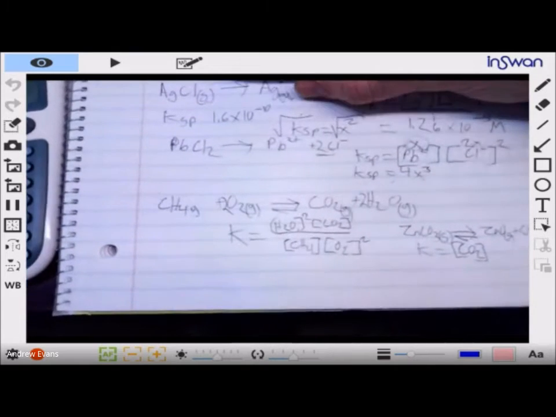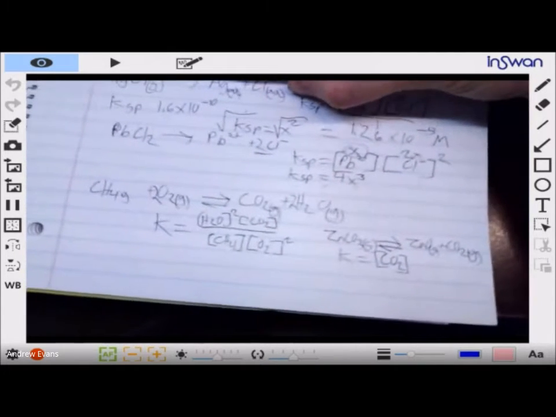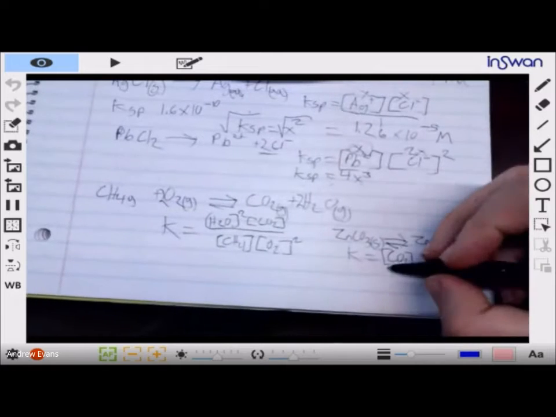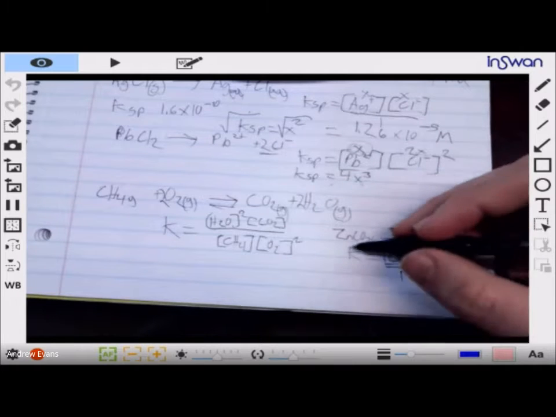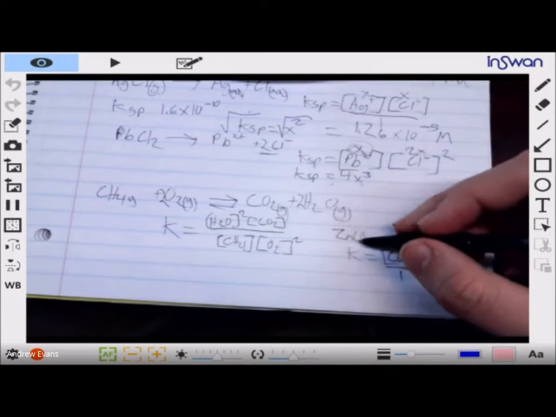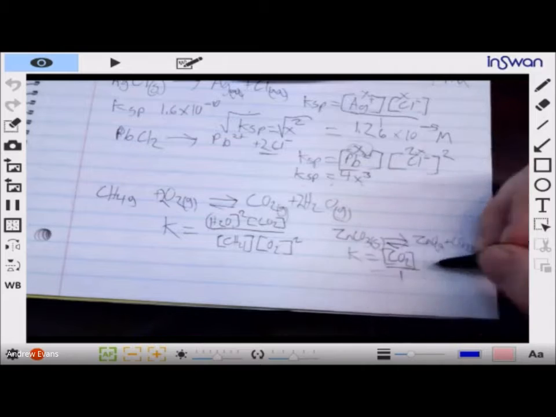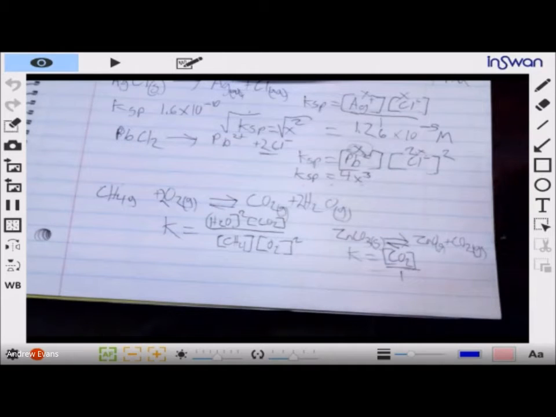Meaning that the stability of zinc carbonate is really only controlled by the concentration of CO2. High CO2 means it's going to force it back to here. Low CO2 means it's going to force it the other way around.